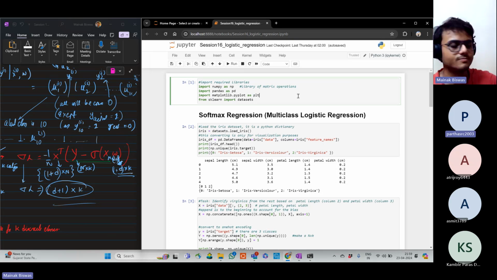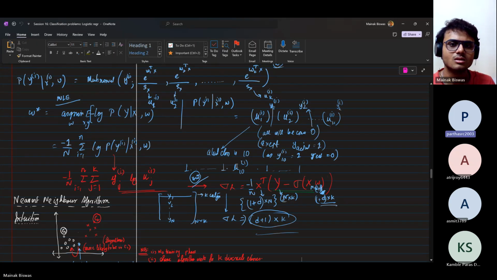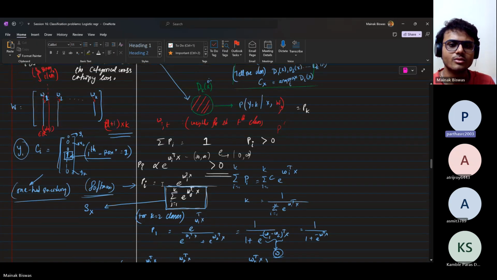But greater than 0 and less than 1 also has to hold, so that constant also has to be kept. That's why we did proportional, right?